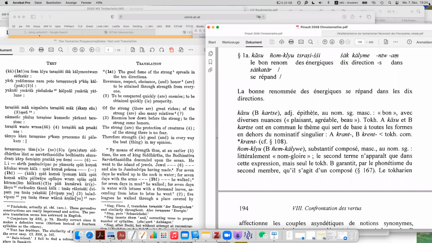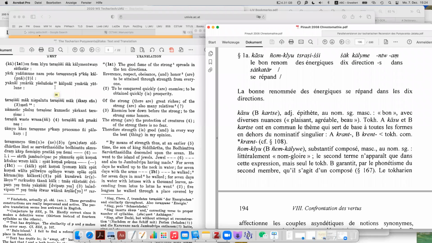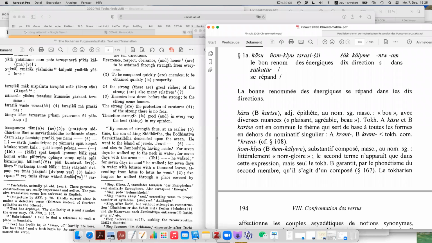So the good fame, I actually have already mentioned this. Okay, and I think we already finished the first verse, and now let's check the second verse, called Yuknar Imadak Yaslunchas Kupnar Imadak Yakdune.